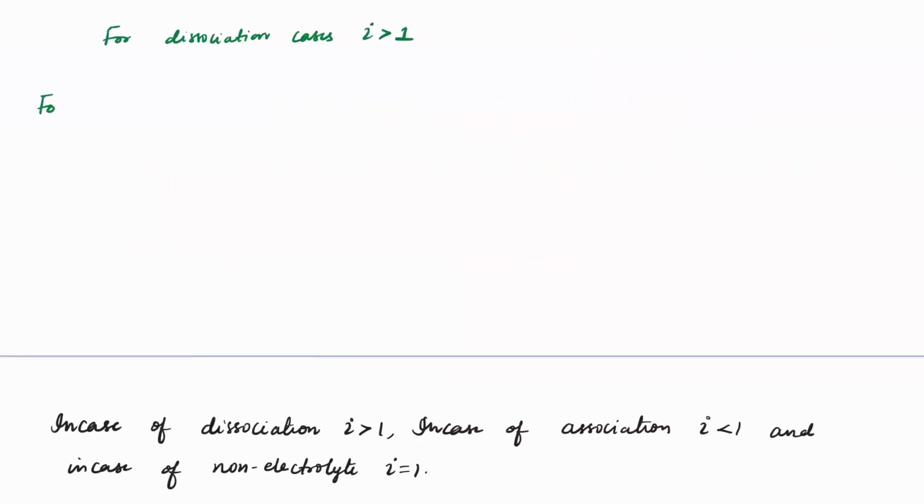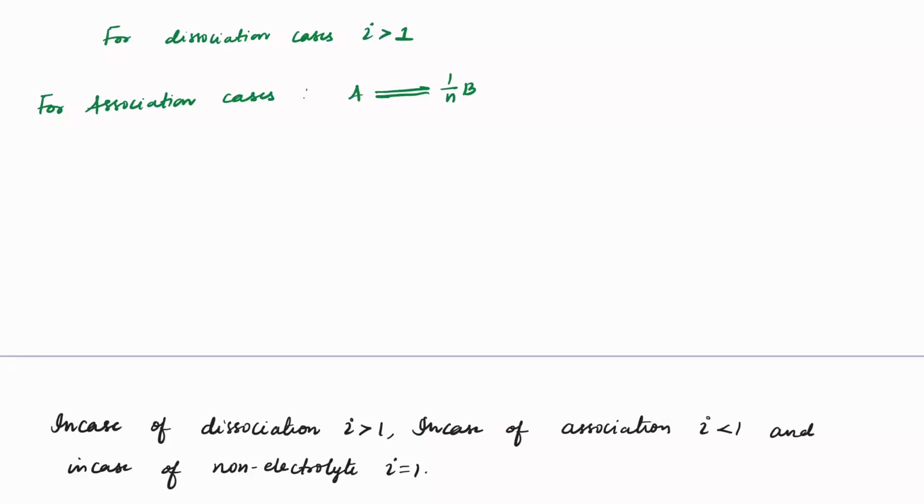For association cases, let us assume that A is in equilibrium with 1 by N B, which means I have A moles of electrolyte that is converting into 1 by N B moles of electrolyte.